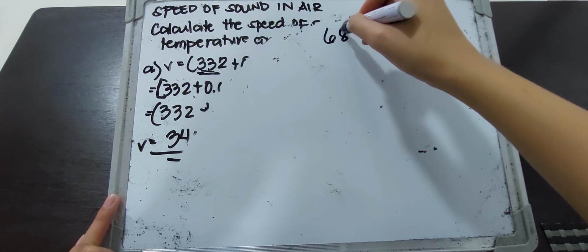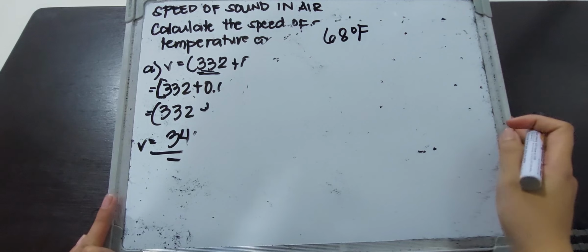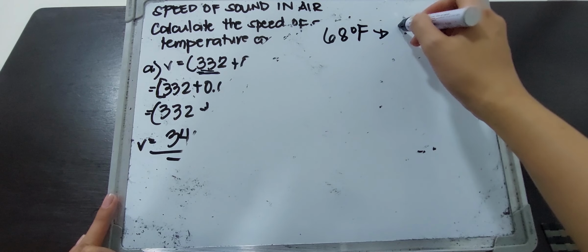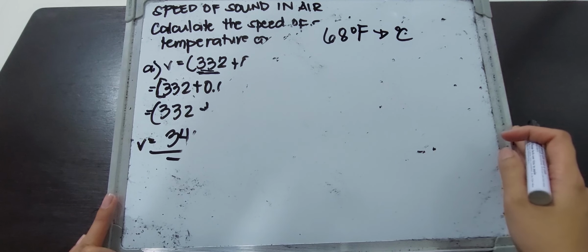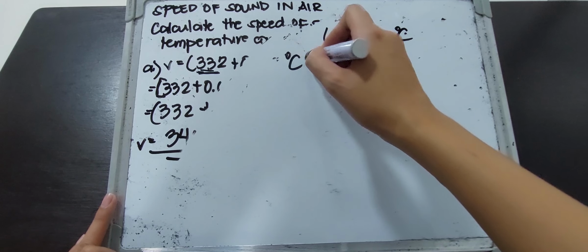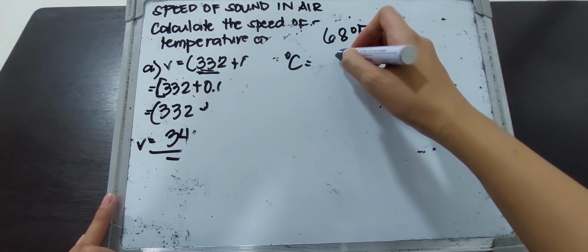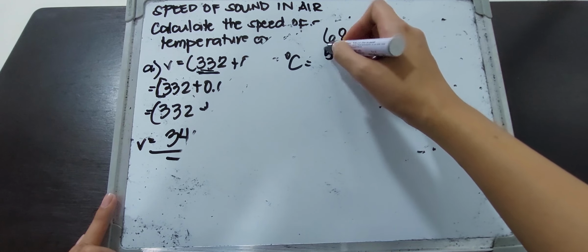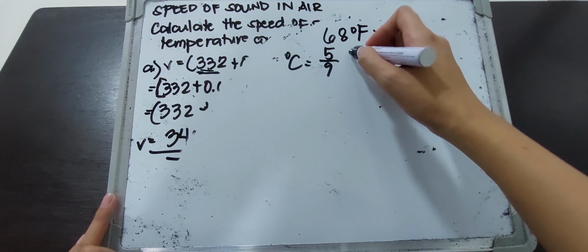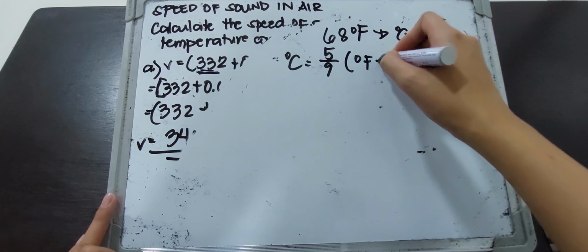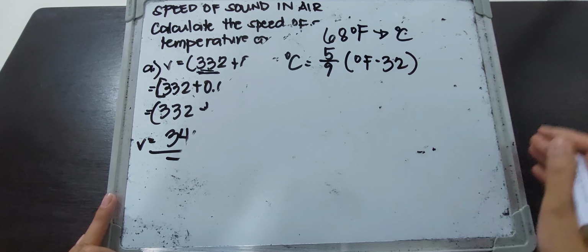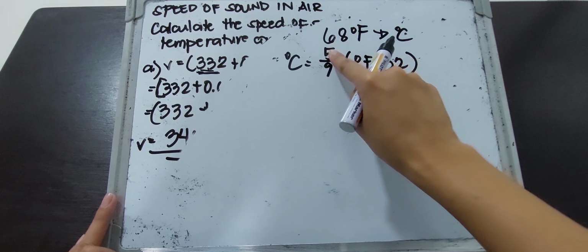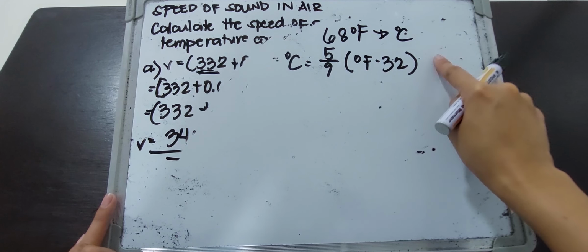If the given is in degrees Fahrenheit, convert this first into degrees Celsius. So how can we convert this? Degree Celsius is equal to 5/9 times the degree Fahrenheit minus 32. Sometimes this 5/9 is placed at the end.